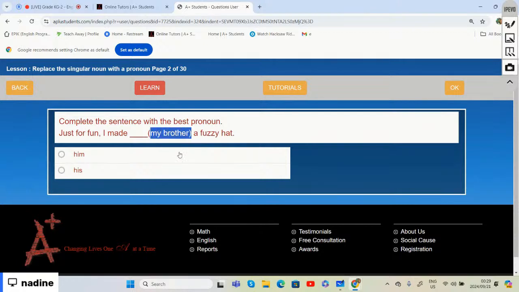Do we say just for fun, I made him a fuzzy hat, or I made his a fuzzy hat? Which one is correct? Option one or option two?